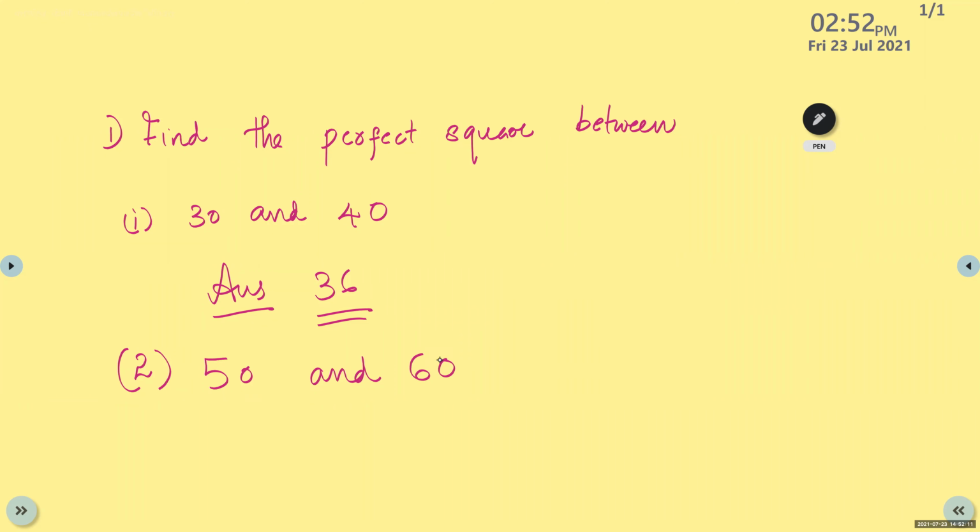Okay, okay. So, Shane, what did you tell first time? Ma'am, I just thought about 40 and 50. I got confused. So between 50 and 60, there are no perfect squares. Right? One perfect square is 7 square, that is 49, below 50. 8 square is 64, after 60. Right? Okay. So there are no perfect squares.